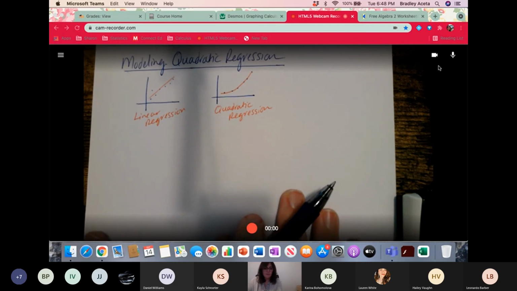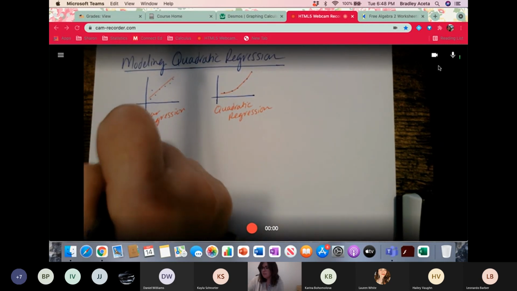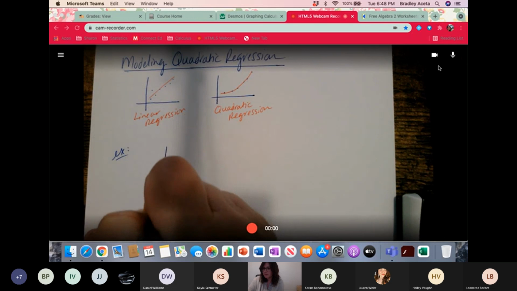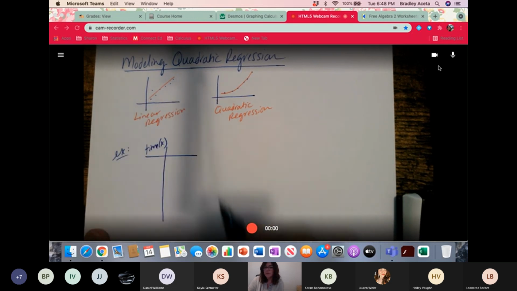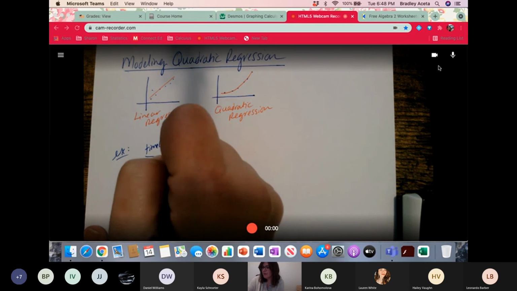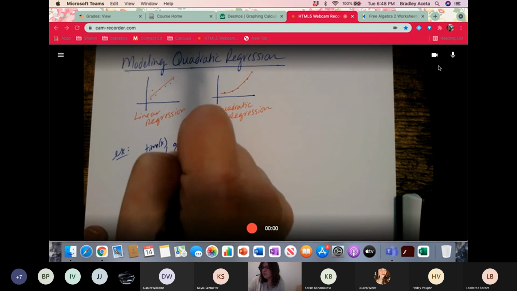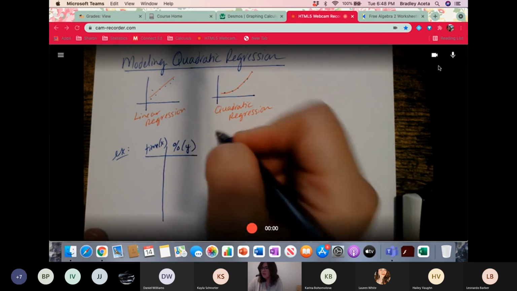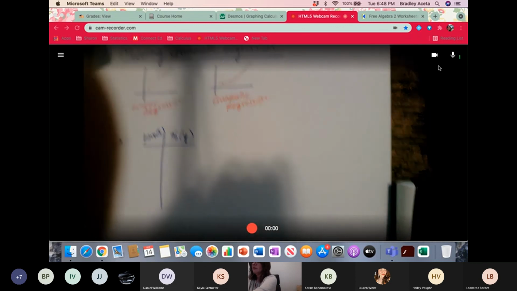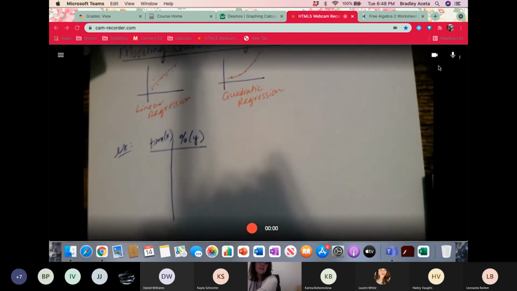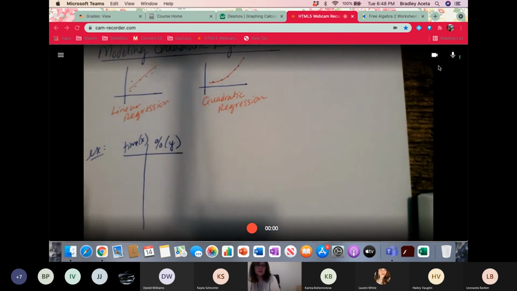So let me give you an example here. This is time in X and percent in Y. And they said this is, move my thing here. My dog was messing up everything here.